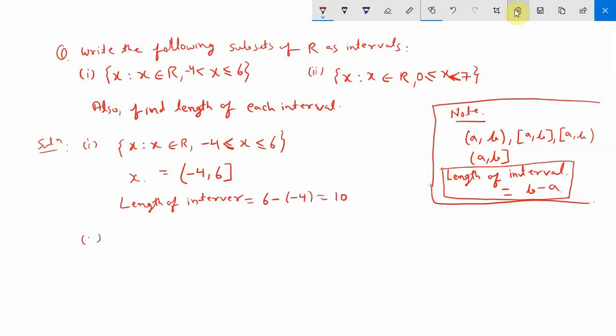Okay. Second one, it is x such that x is an element of R and x is greater than or equal to 0 and less than 7.